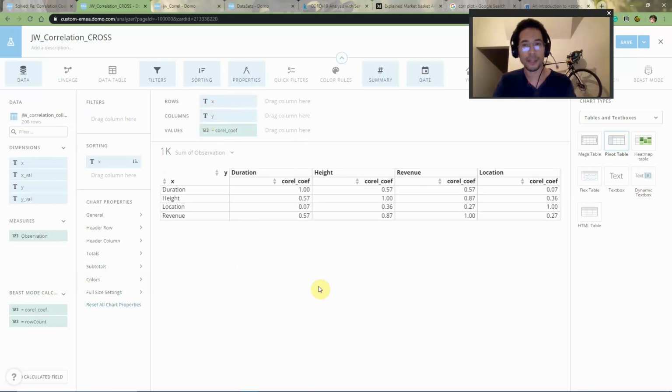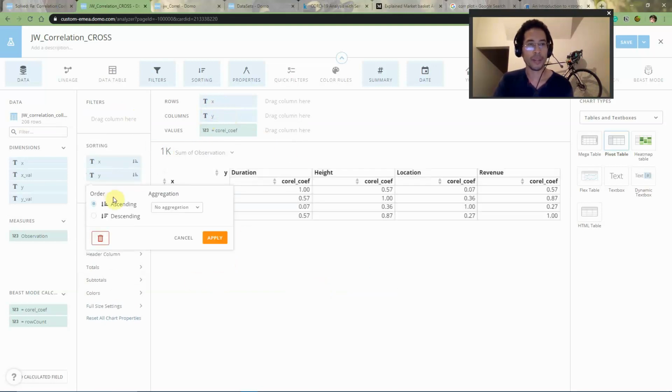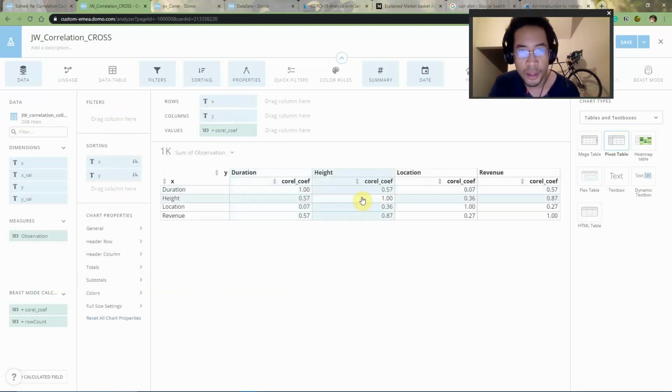If I take out my filter, now it looks like a correlation plot, just no color coding. And if I sort alphabetically, then the 1s go through the middle. Yeah, this is gorgeous.